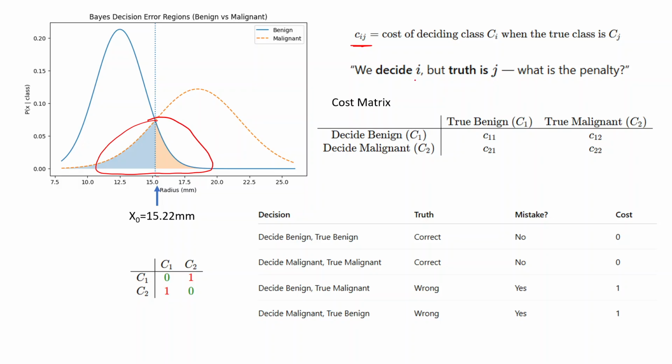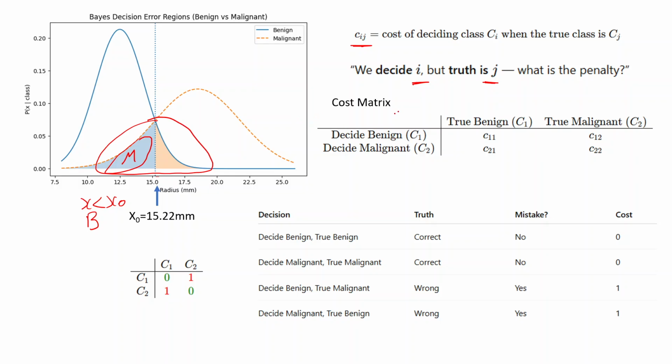That is, we are deciding the class label as i, but actually the truth is j. Here, as I said, if x is less than x naught, we are deciding it as benign. That's fine, but there is an overlap here. This portion belongs to the malignant case. That is, we are deciding it as benign, but it is malignant.